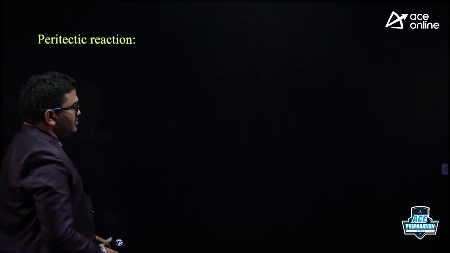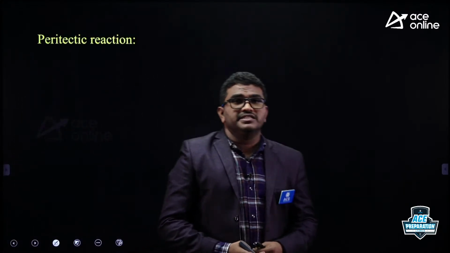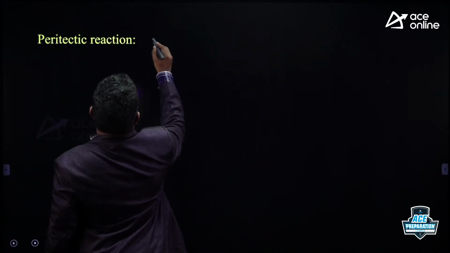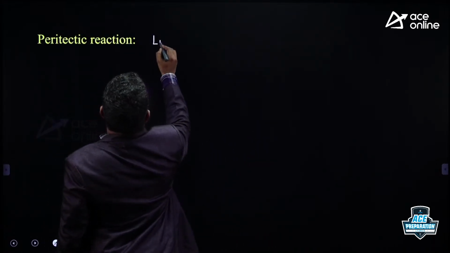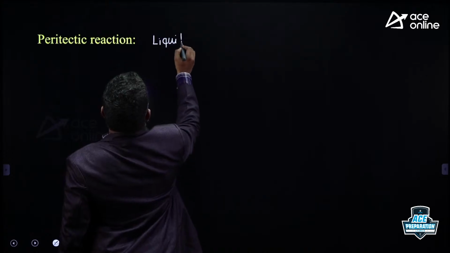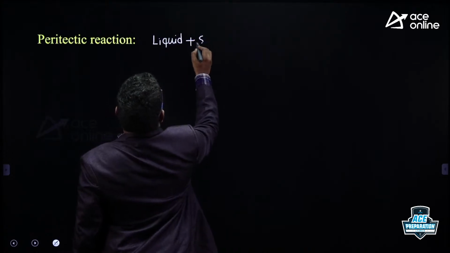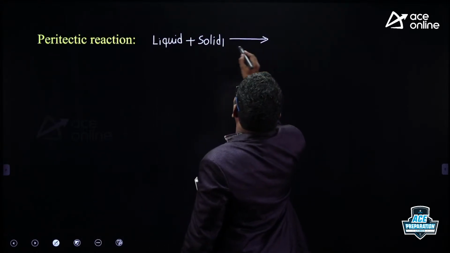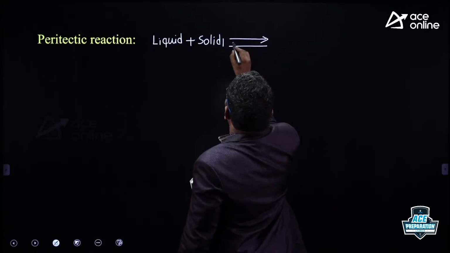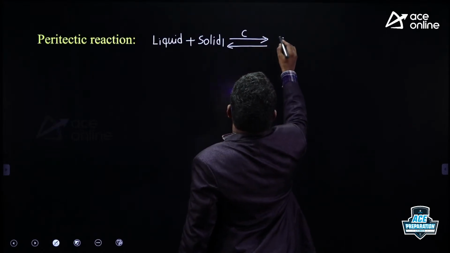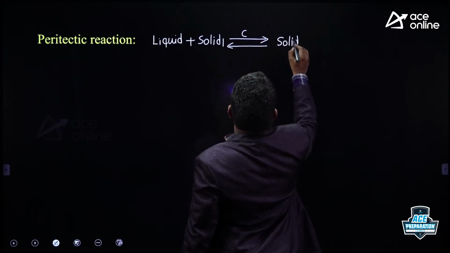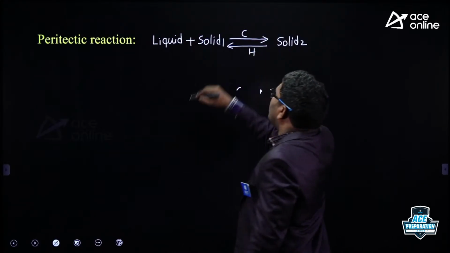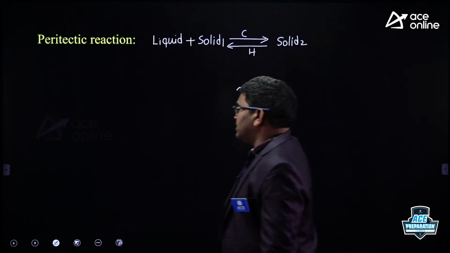And finally, one more reaction, that is a peritectic reaction. The peritectic reaction is nothing but a liquid plus one solid upon cooling transforms into a different solid phase. Otherwise, liquid plus one solid upon heating transforms into a liquid.